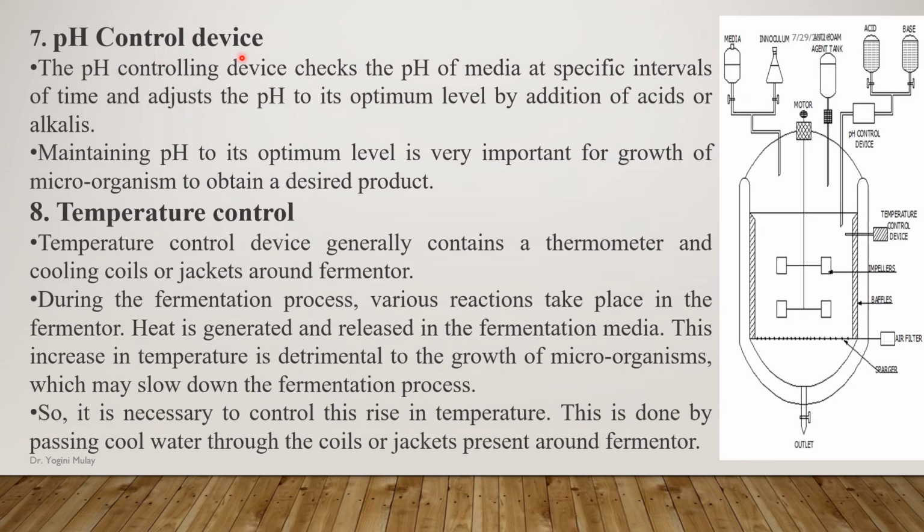Next is the pH control device. This is the pH control device. This is the probe which is dipped in the fermentation media, and it continuously checks the pH of the media, and accordingly if there is a need for addition of acids or base, that can be regulated and added drop by drop so as to maintain the desirable pH.